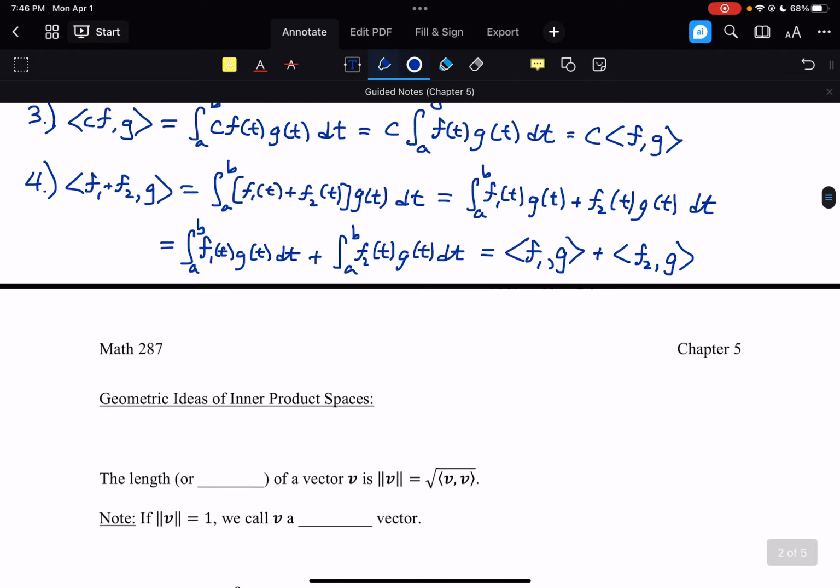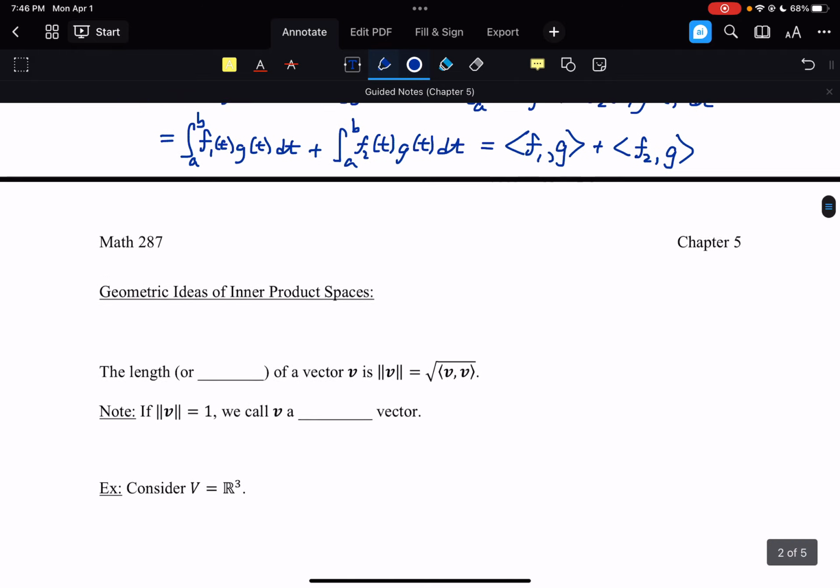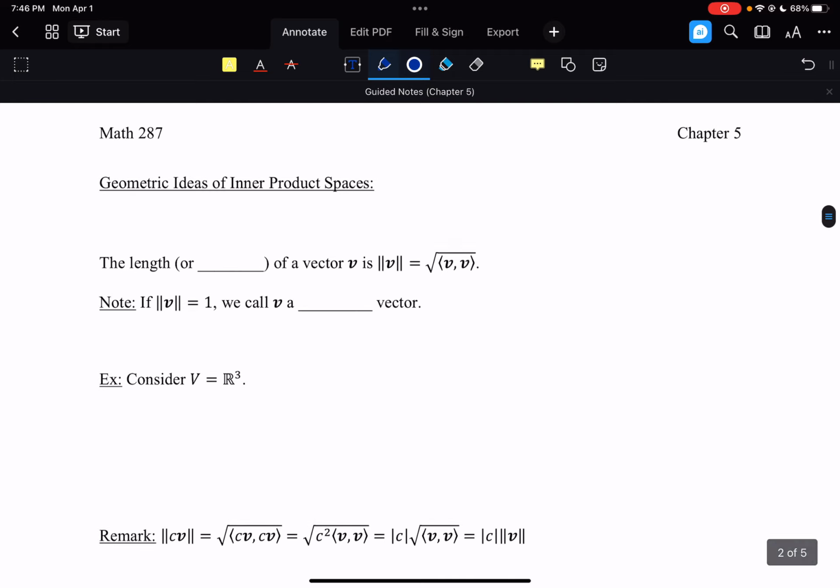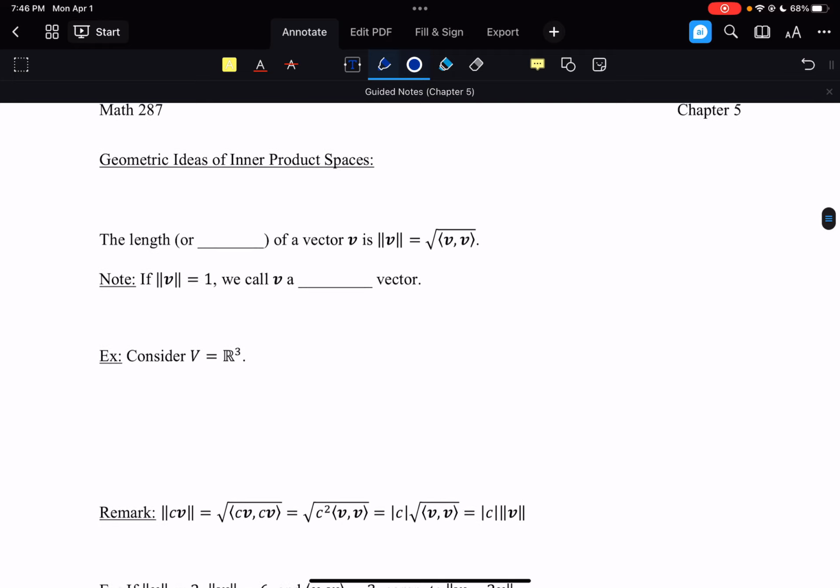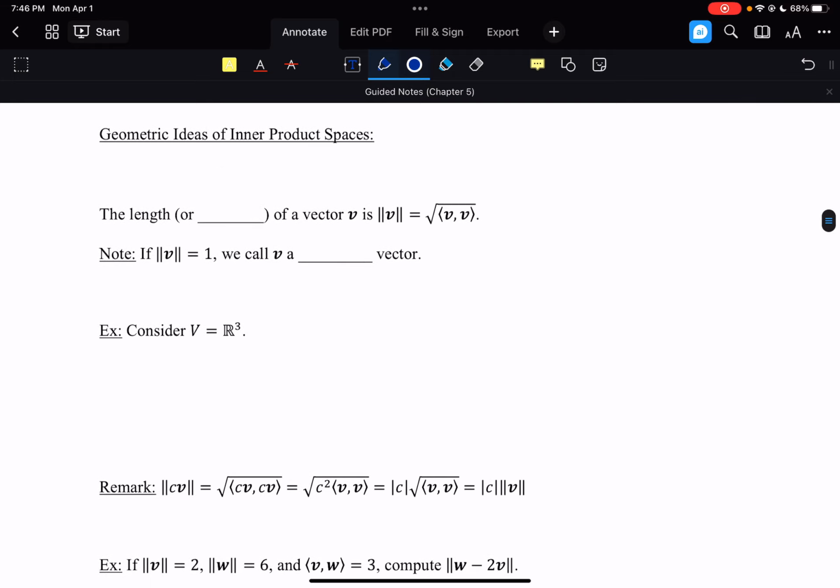Now, looking a little more conceptually and geometrically at the idea of an inner product space, we can compute length for a vector using inner products. So this is the length, or another word that we use is the norm of a vector. Now, of course, we should be pretty used to the concept of computing length of a vector in Rn or R3 specifically from calculus.